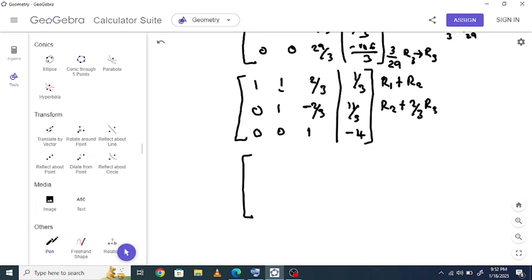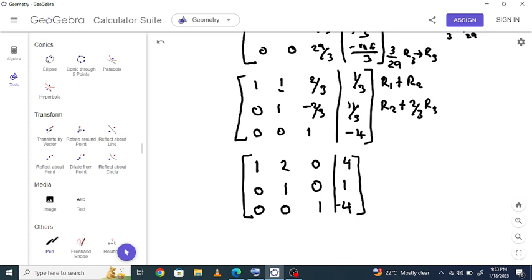We're going to get here 1, 2, 0, 1 over 3 plus 11 over 3 is 12 over 3, which gives us 4. And on this other side, we're going to get 0, 1, 0, 11 over 3 minus 8 over 3 gives us 3 over 3, which is just a 1. And lastly, we had 0, 0, 1, -4.